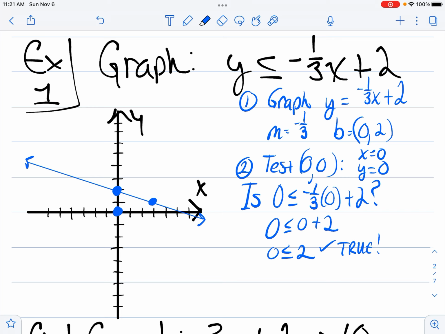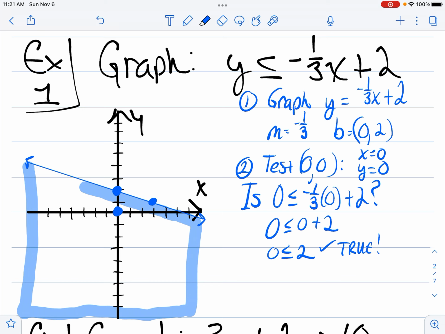So if (0, 0) is a solution, by our investigation on the last example, we know now that all of the solutions to this inequality are below the boundary line. So we're just going to go ahead and represent that with this shading right here. And yes, you will have to graph and shade for these inequalities all the time and identify the solution zone.